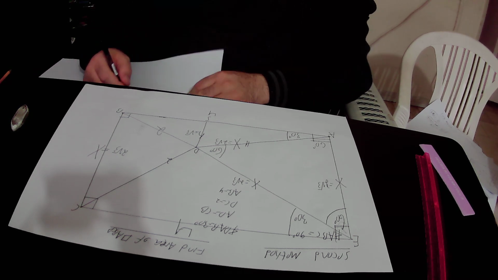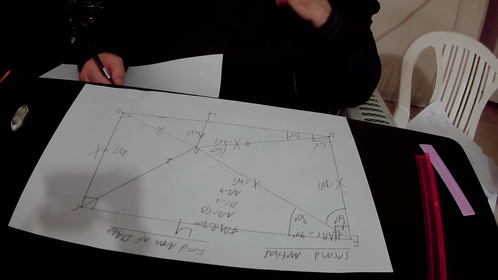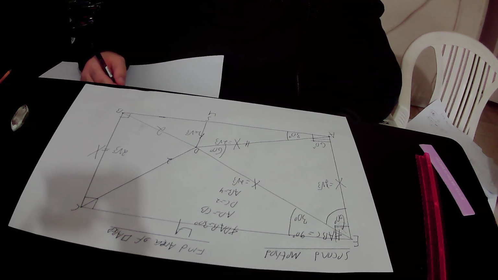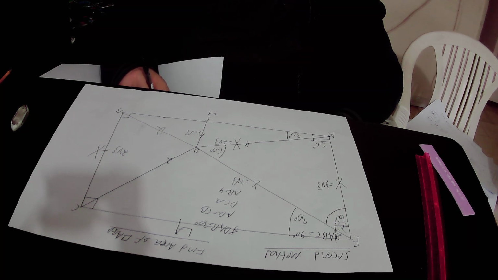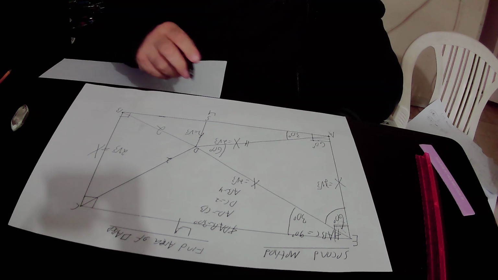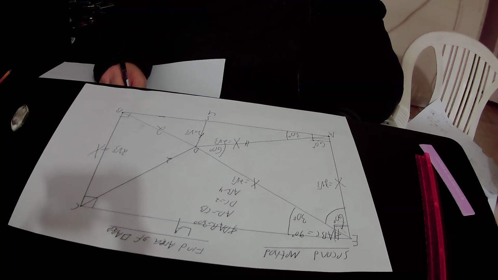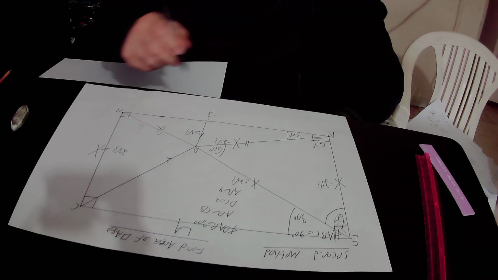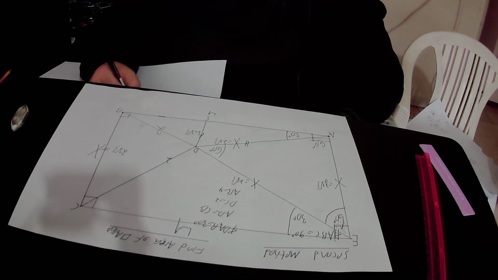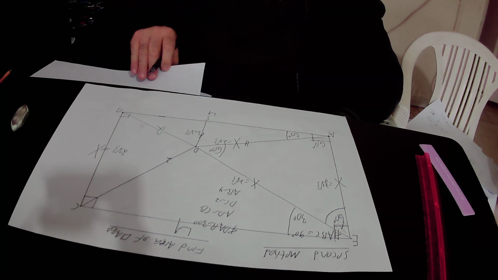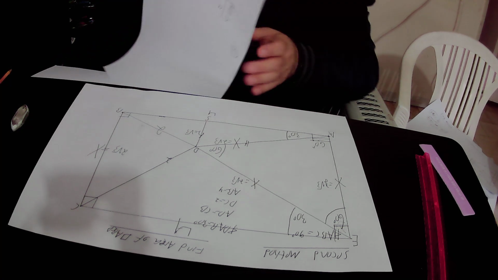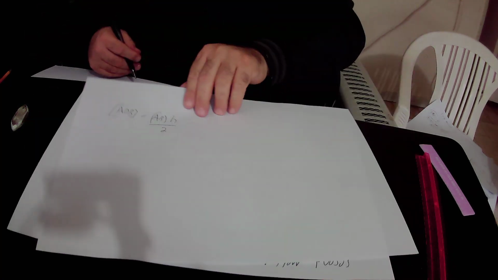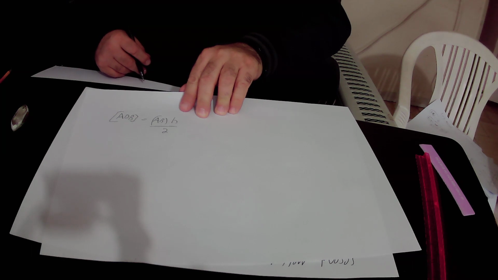And so what is the area of triangle ADB? The area of triangle ADB will be equal to the base of the triangle, that is AB, times the height to the base, that is h, over 2. Again, the area of triangle ADB equals AB times the height to the base, that is h, over 2.